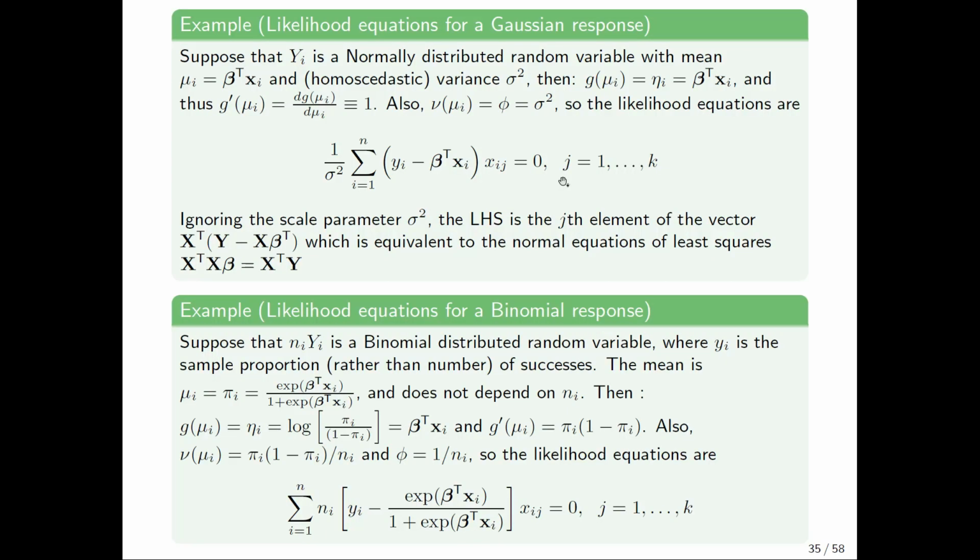Ignoring the scale parameter, the left-hand side is the jth element of X transpose (Y minus Xβ), which is exactly the normal equations for least squares. So for a Gaussian GLM, maximum likelihood reproduces the least squares solution. The linear model drops out as a special case.